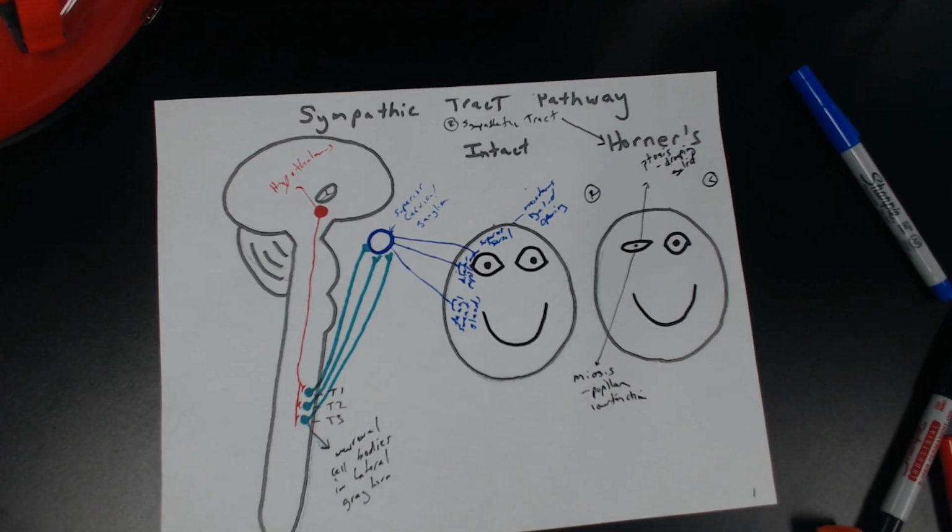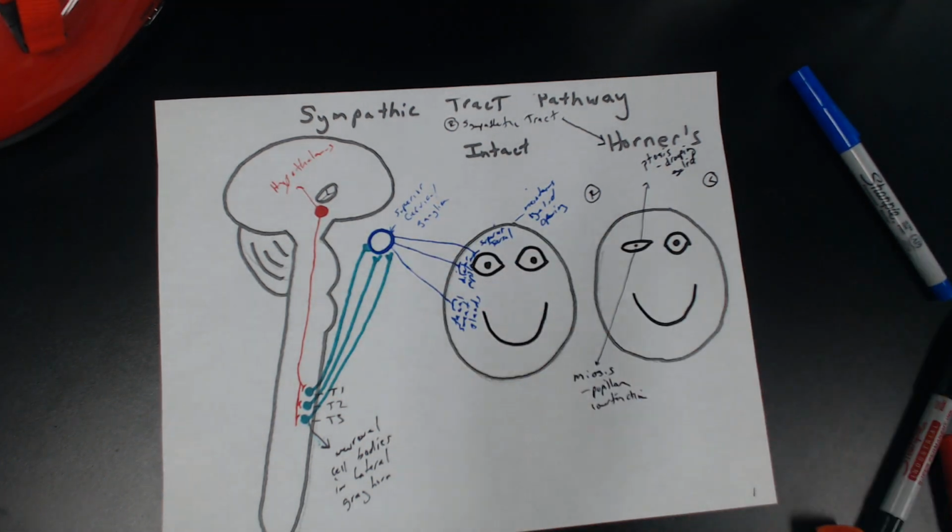And that is all the time, not just in response to bright light. The reason why the pupil appears constricted all the time is because the dilator pupillae is not innervated, because there's disruption somewhere along here in the sympathetic tract.